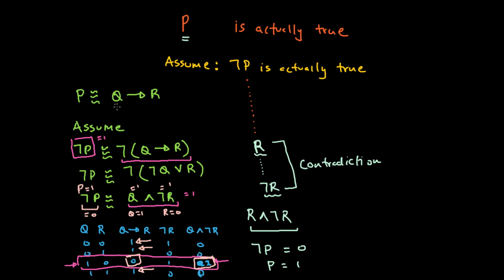P is the statement if Q then R, and it happens to be true only in these 3 cases. Then you know that the original statement P must be true, because not P can never happen. In the next video we're going to look at this high-level idea again and see it using one form of truth table.